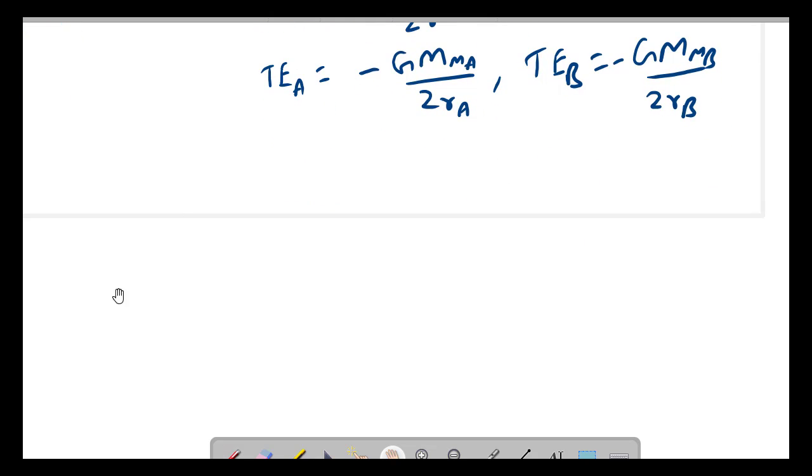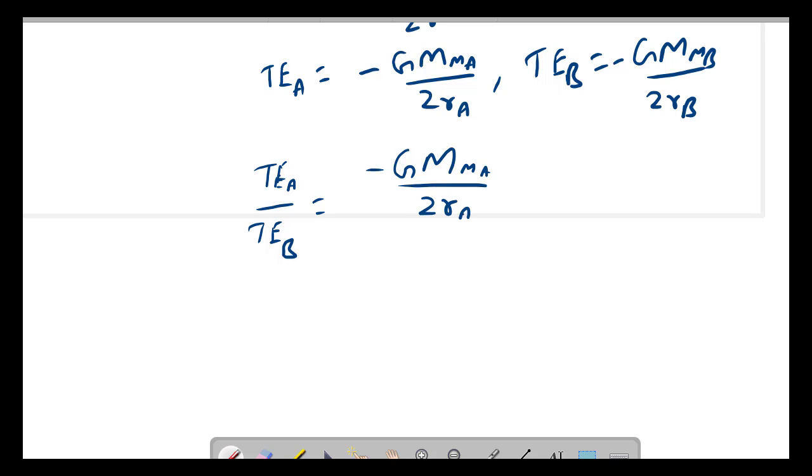So here we have TEA upon TEB. Let's see what we get. TEA is GM mA upon 2RA upon minus GM mB upon 2RB.